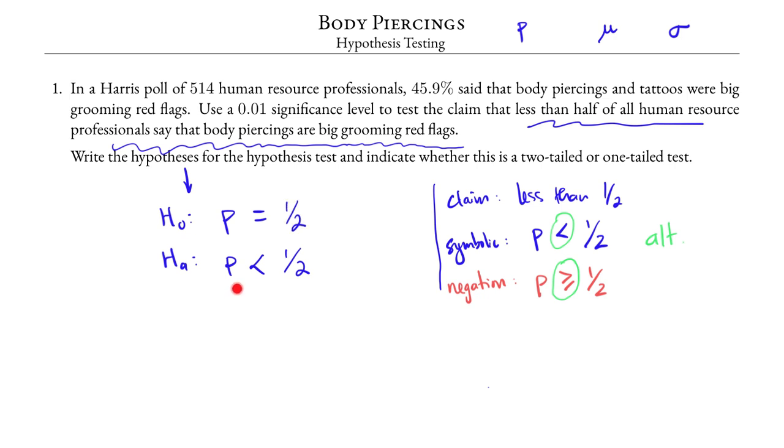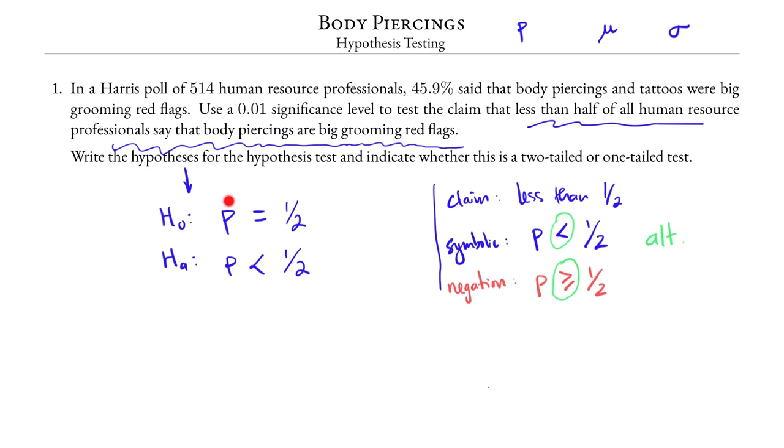It is very important to recognize that the only difference between the null and the alternative hypothesis is the equality or the inequality. The notation lowercase p is used for both null and alternative.